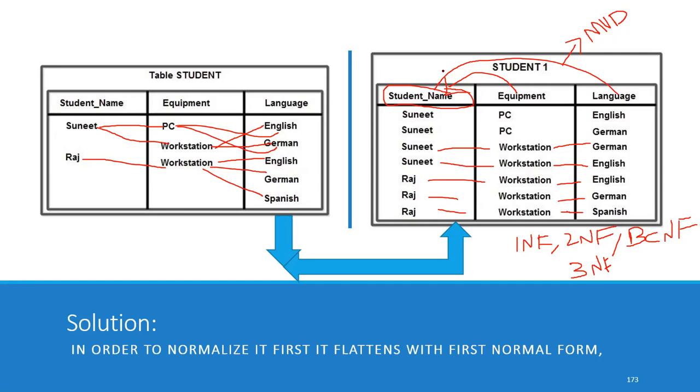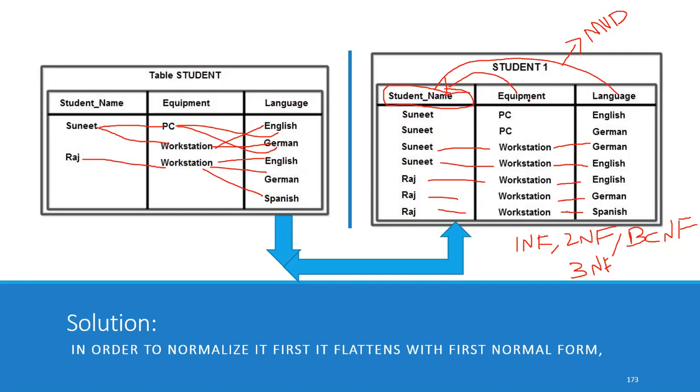Now, fourth normal form. Here there is one determinant and two values, so it is a multi-value dependency. Equipment depends on student name and language depends on student name. Here Sunit uses PC, but the PC in English. Sunit uses PC, the PC in German. Here equipment and language are independent, they are not related to each other.